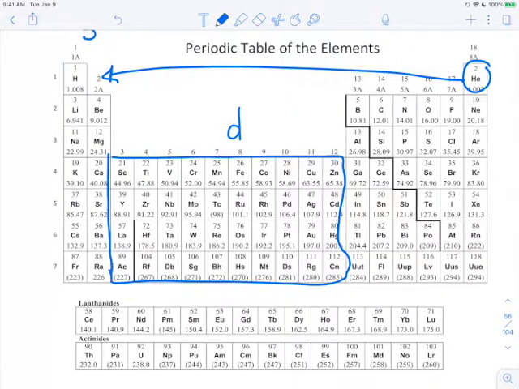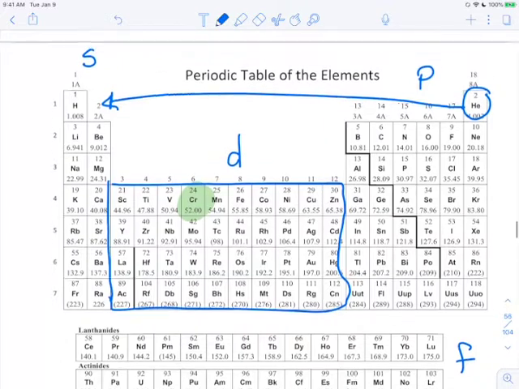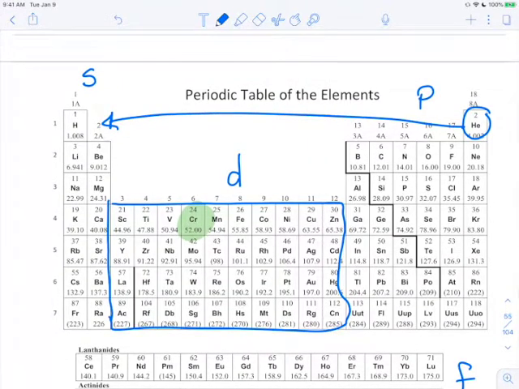All right, so that is our D block. And over here is our P block. And finally, we have our F block down here. All right, and the element we're looking at is chromium. So what we're going to do is walk ourselves through the periodic table until we get to chromium.